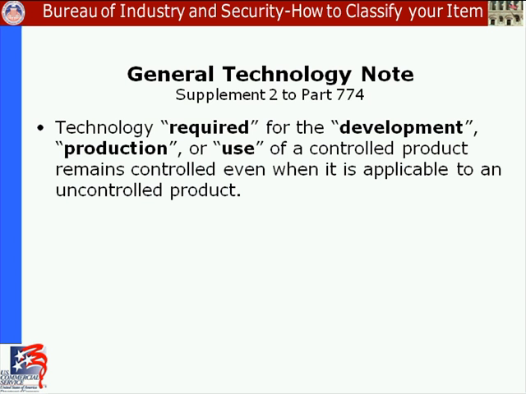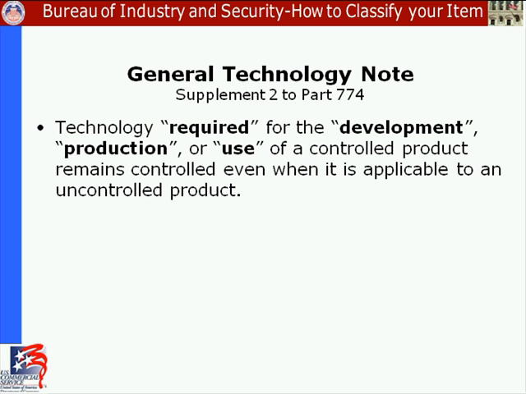So the technology required for the development of 2B001 controlled machine tools is controlled under ECCN 2E001. Similarly, production technology required for the production of a controlled 2B001 machine tool is controlled under ECCN 2E002.